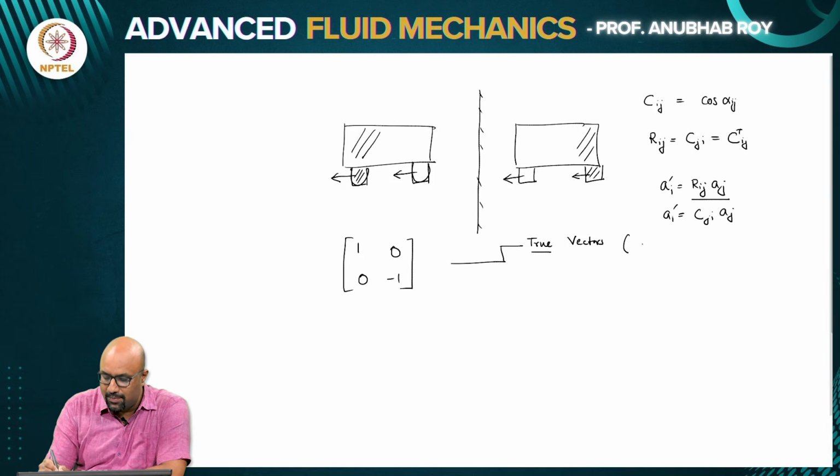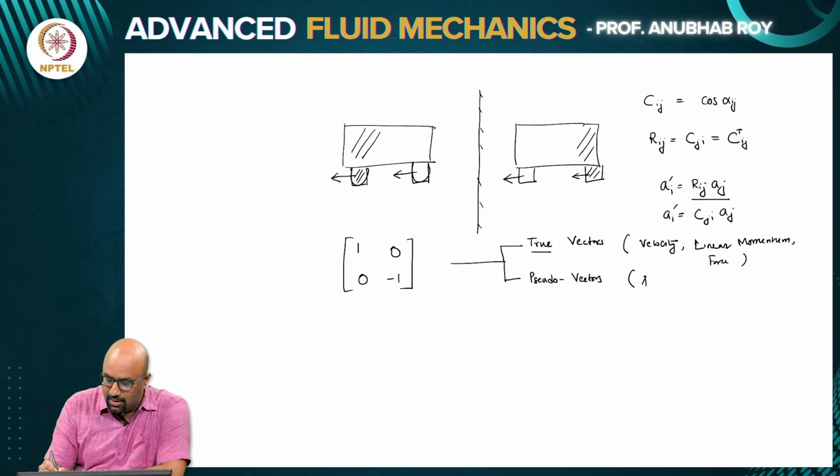So, these would be the objects that you have encountered: velocity, linear momentum, and things like force. And the ones which undergo a switch of sign are known as pseudo or axial vectors.